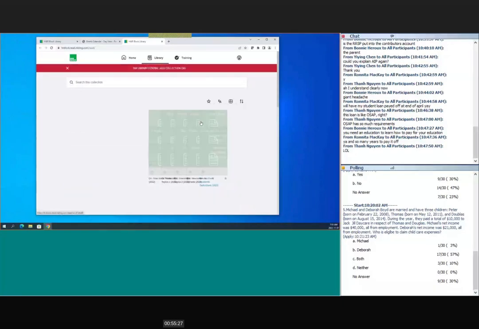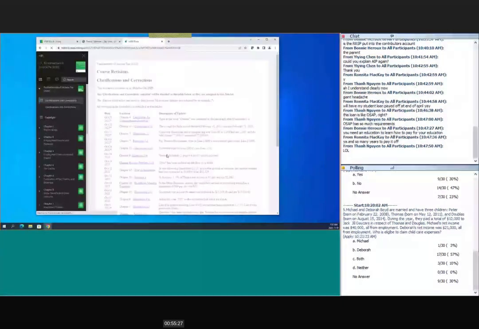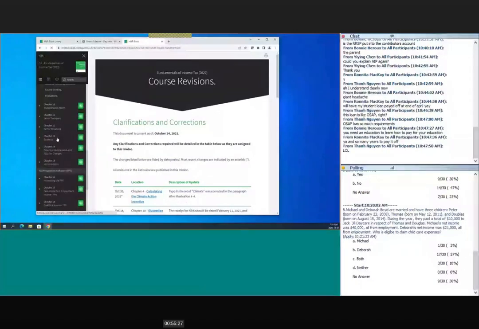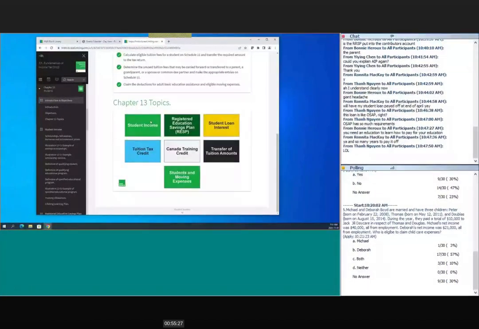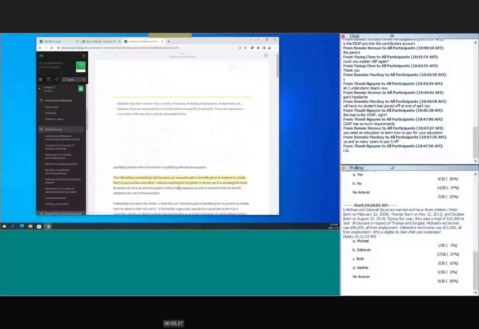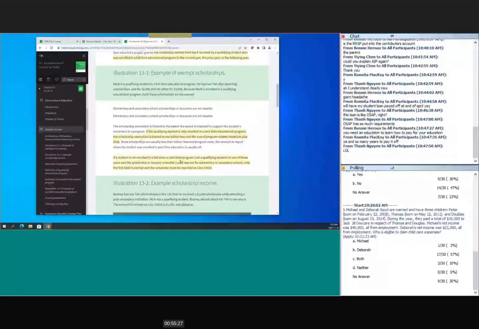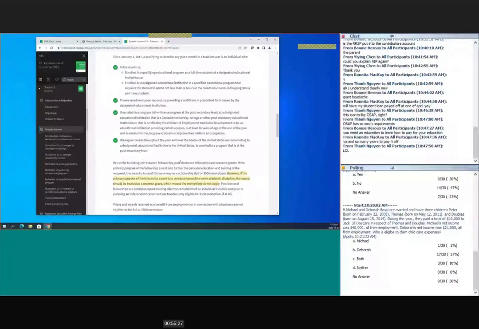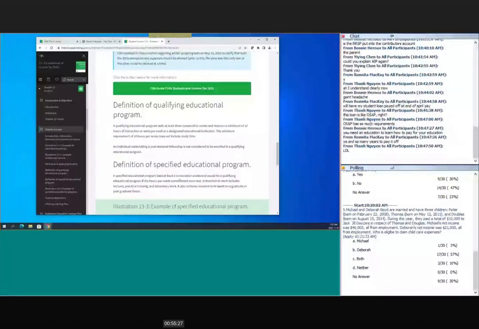Let's go to our Federal Tax Library, fundamentals here. Let's go to chapter 13, students. See, you can see I actually read the textbook, right? Let me just see here.